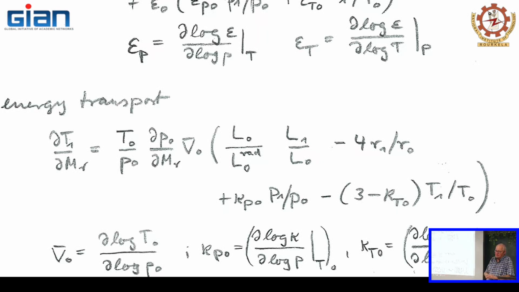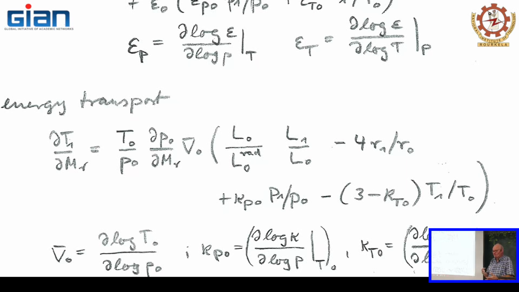Now we have the situation that in our star we also have convection. And I told you there is an engineering prescription once you try to calculate convection for hydrostatic stellar models. This is the mixing length theory, but we don't really know what to do when convection is present in a time-dependent environment.